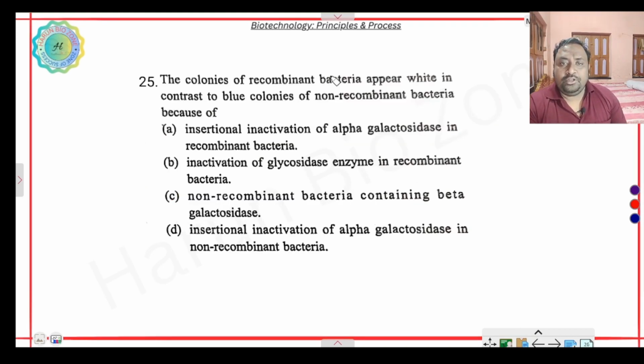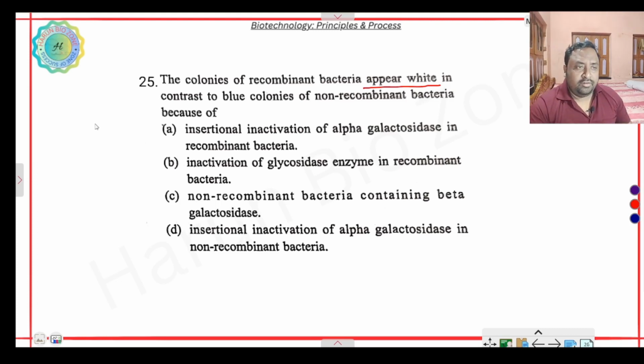Next question. The colonies of recombinant bacteria appear white in contrast to blue colonies of non-recombinant bacteria. Here the question wants to say how recombinant DNA is separated from non-recombinant DNA on the basis of color production.